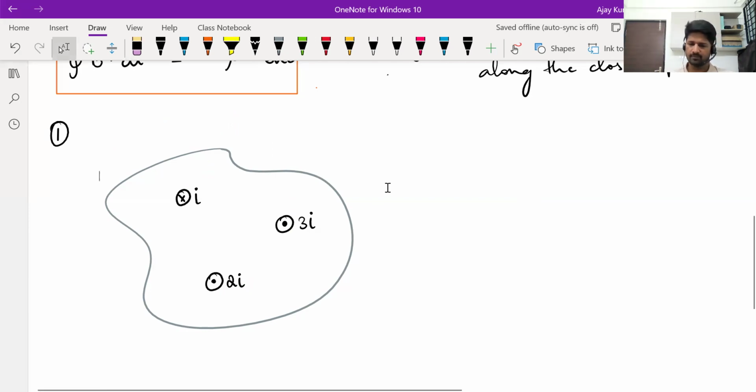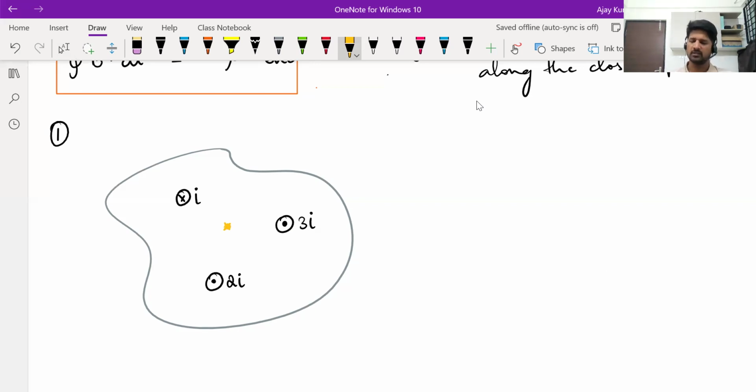Then, Isha, can you tell me the sense of magnetic field produced by the current 2I? 2I is out of your screen. Is it clockwise or anti-clockwise? You can consider a random point somewhere here.